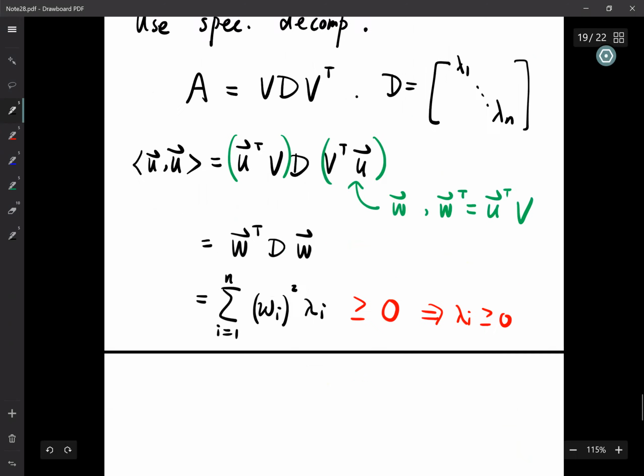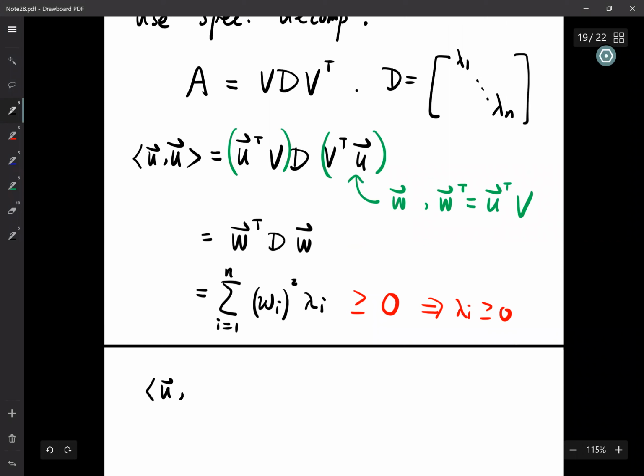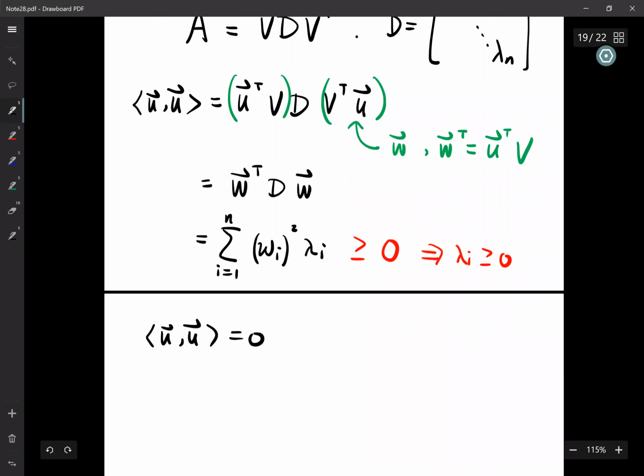Question 2 is: if (u, u) is equal to 0, we should be able to deduce that u is 0. But let's say that we first deduce W is 0. If one of the lambda_i's is 0, then we're screwed again, because the corresponding W_i can be non-zero, and therefore we couldn't say we have a non-zero vector. So what we really need is not only that the lambda_i's are non-negative, but that they are positive.